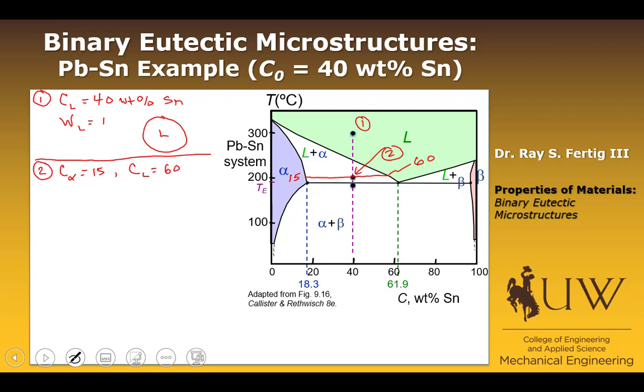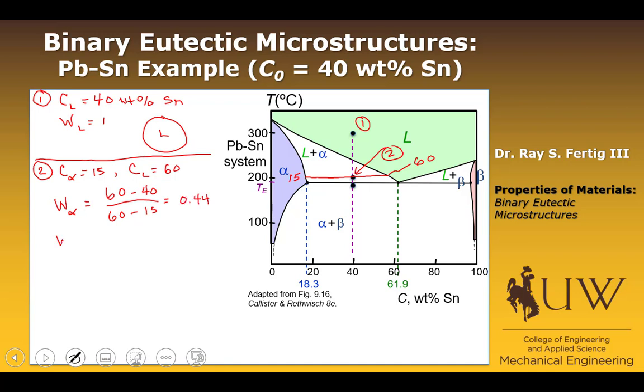And we can compute the weight fractions of each, just as we've done before. In this case, we'll go ahead and do alpha first. So the weight fraction of alpha is just going to be 60 minus 40 divided by 60 minus 15, which gives us 0.44.